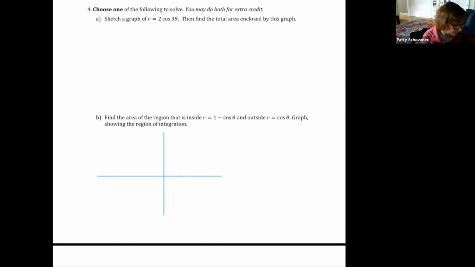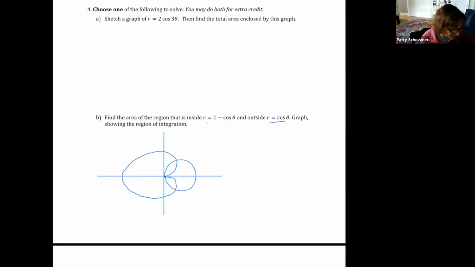This particular cardioid has the big part of the heart back at theta equals pi, because the cosine of pi is -1. And then this is a circle of diameter 1 over here.